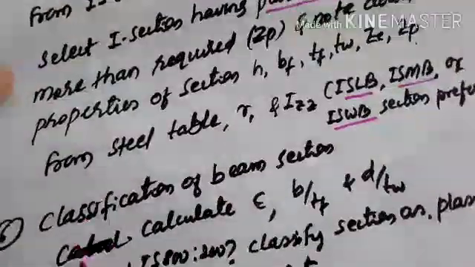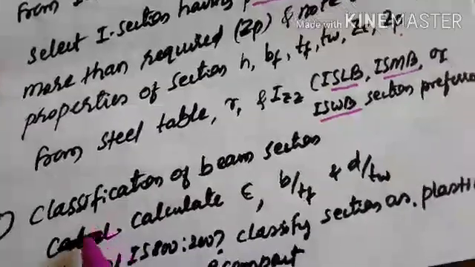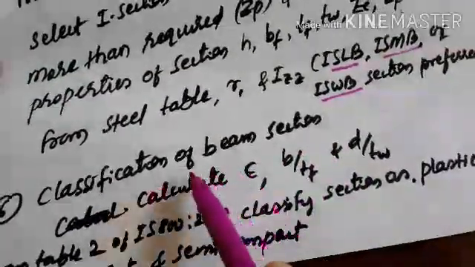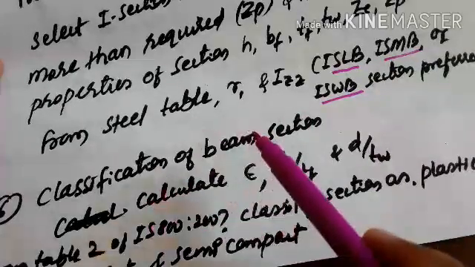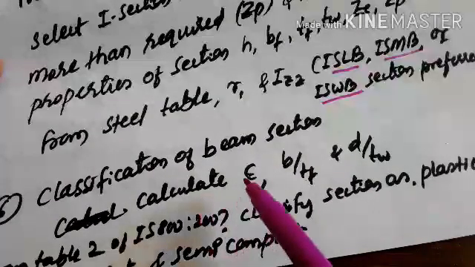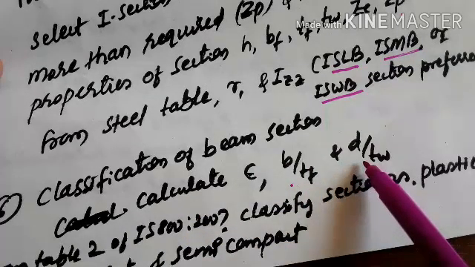After selecting the section, you have to do the classification of the beam section. So you know how to do the classification of beam section, means whether the selected section is compact, plastic or semi-compact. You have to decide based on the flange element ratios and the web element ratios.